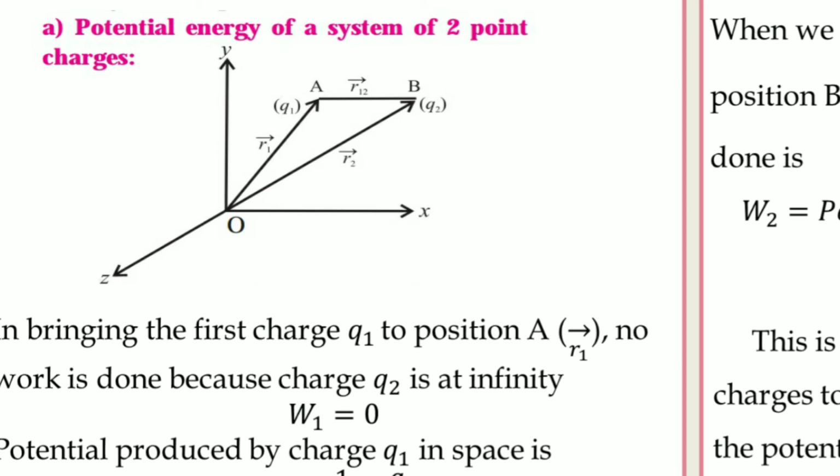To calculate the electric potential energy of a two charge system, we are going to consider that the two charges Q1 and Q2 are initially at infinity, and then we will determine the work done in bringing the charges to the given location by an external force or agency.